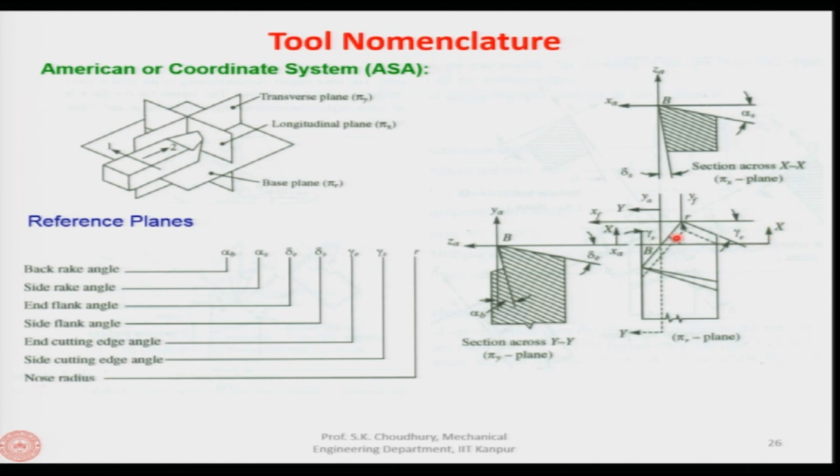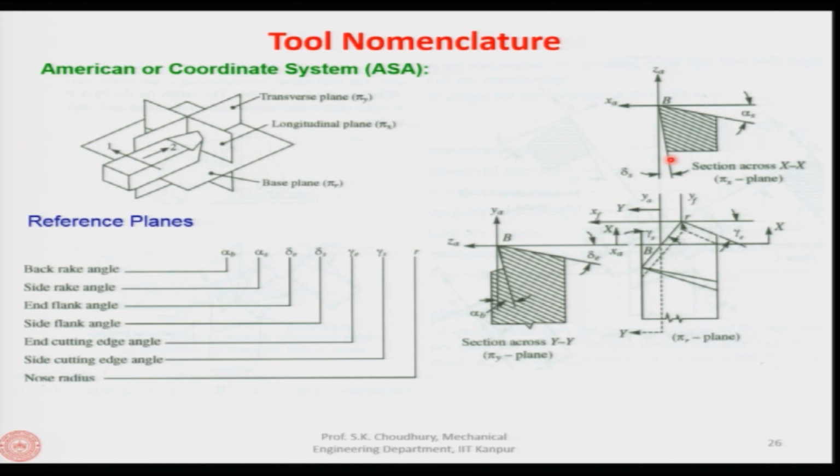XX will be put in here and YY will be put in here, these views. In these views X and Y, as you can understand, we can see the rake face here, and in this plane we will see the rake face here, whereas the flank face in this section is here and the flank face in this section is here.